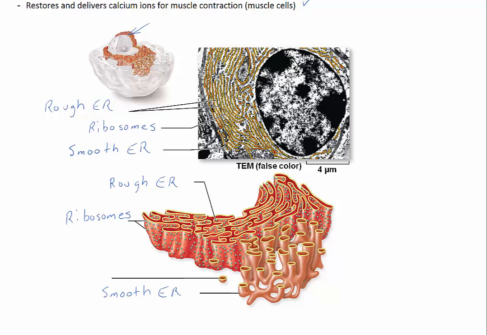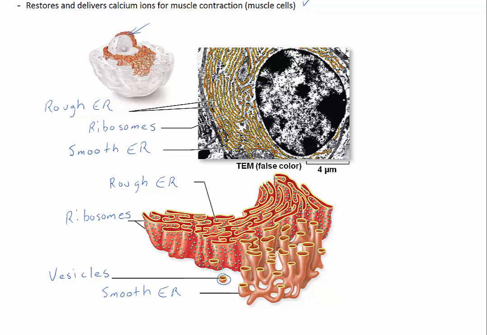Now, the lipids and proteins made by the ER exit the organelle in something called vesicles, and these are vesicles here. So that's a vesicle.